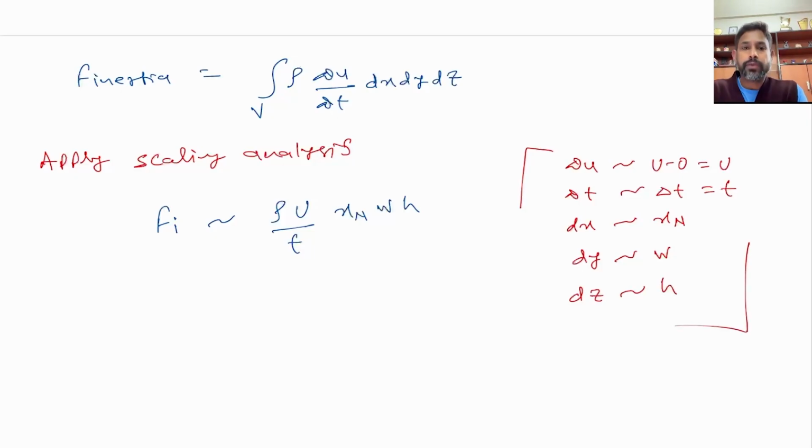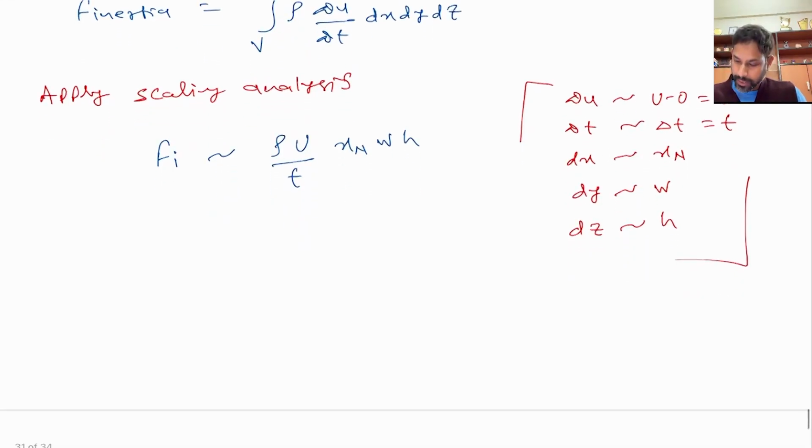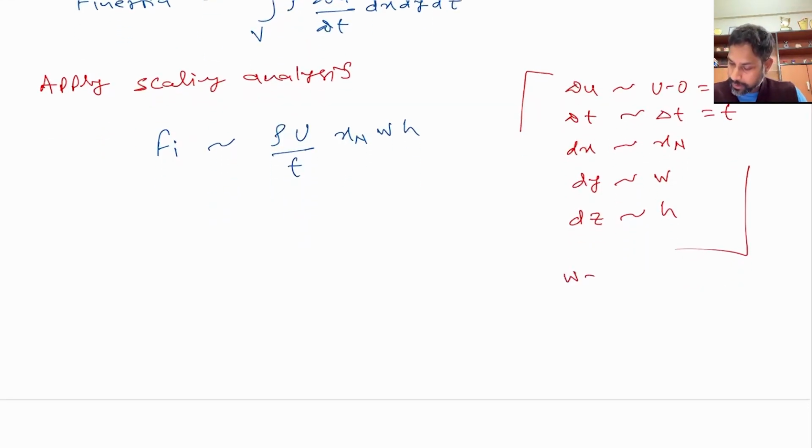Okay, so when we do scaling analysis, we consider this integral or derivative for complete domain, not for a small element. And for us, complete domain is the complete gravity current, and that is why we consider rho u times t xn w h, where w here is the width in y direction.